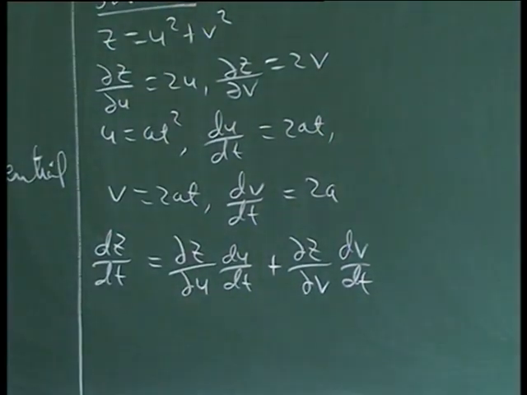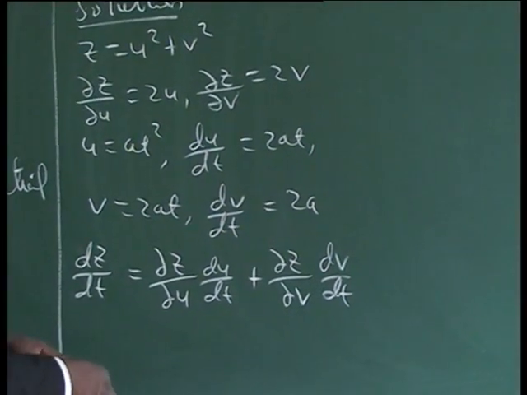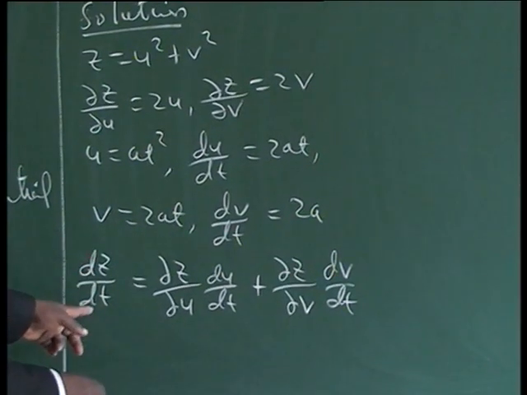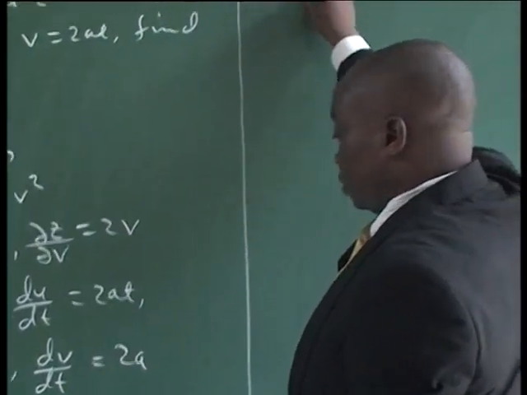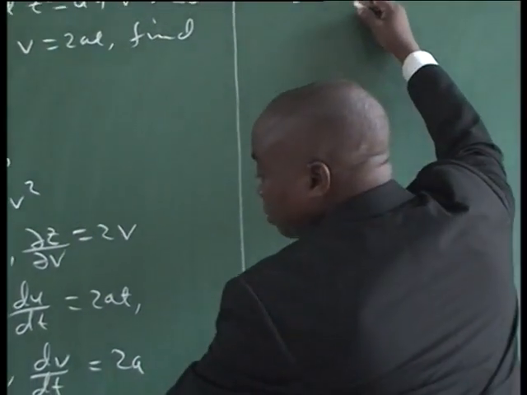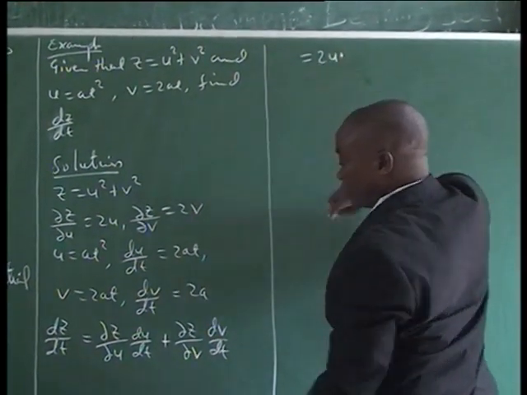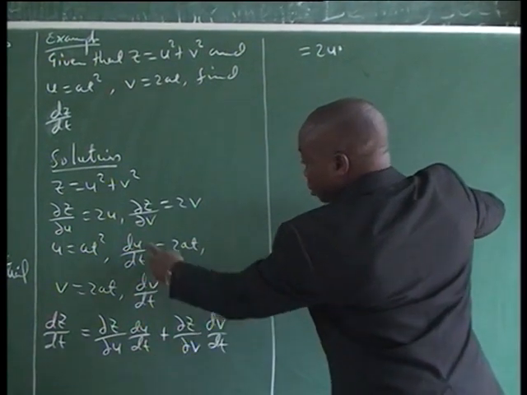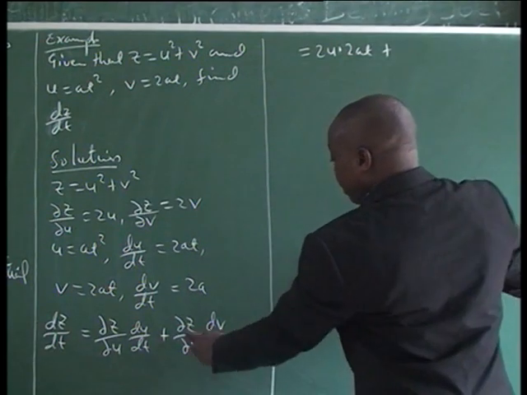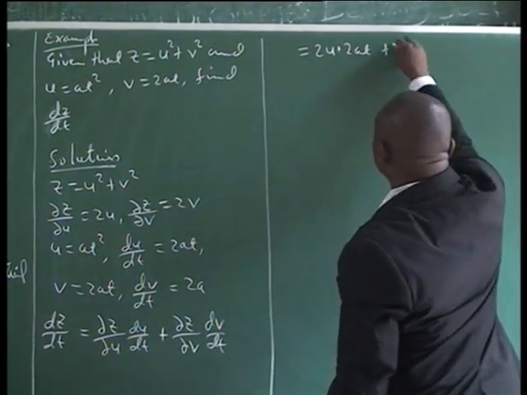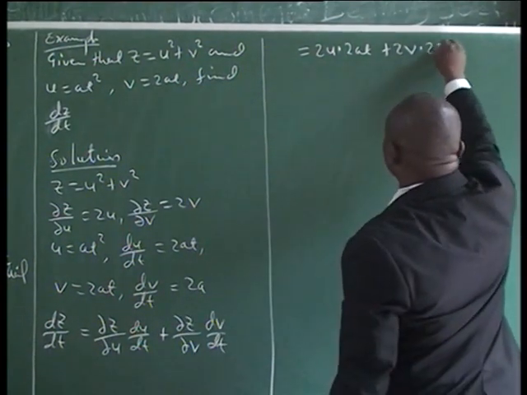So that is the total differential coefficient of z, dz/dt, which will be equal to partial z partial u, which is 2u, times du/dt, which is 16t, plus partial z partial v, which is 2v, times dv/dt, which is 8.